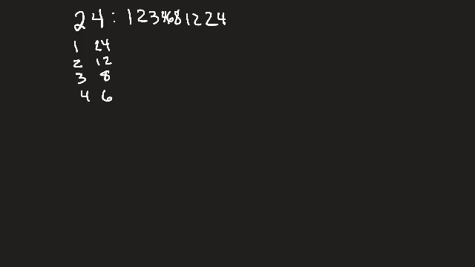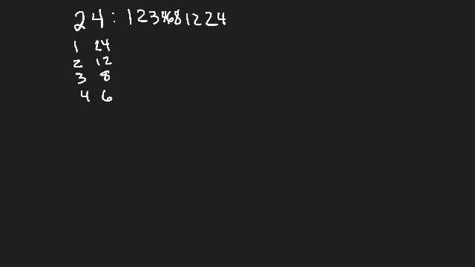You can think, well, 1 and 24, and 2 and 12, and 3 and 8, and 4 and 6, and as you can see, it can get crowded doing it that way. Another way to do it is just 1 and 24, and 2 and 12, and 3 and 8, and 4 and 6. So either way those work, but understanding all the factors of a number is going to help you with prime factorization.